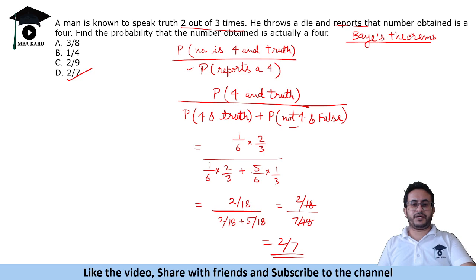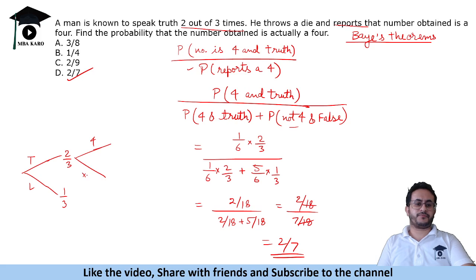So let's make a table like this, truth and lie. Truth is how much times? 2/3 times, and lie is 1/3 times. Now he can speak truth or he can speak lie also. When he is speaking truth, it can be 4, it can be not 4. When he is telling a lie, it can be 4, it may be not 4.